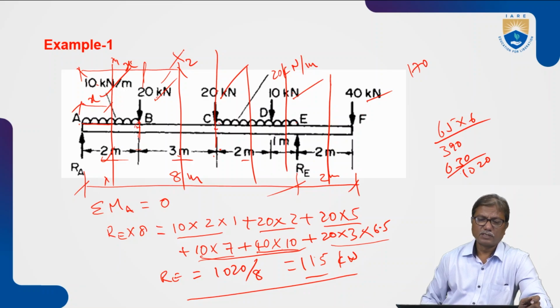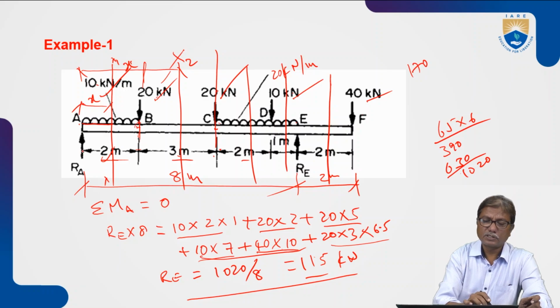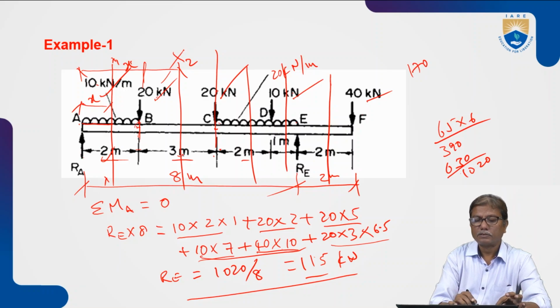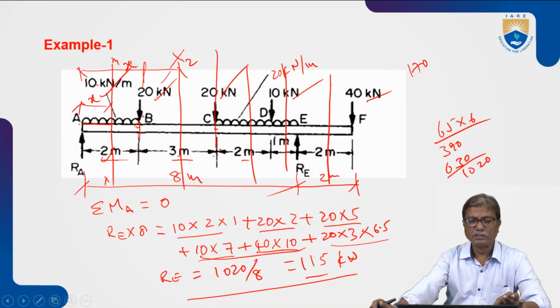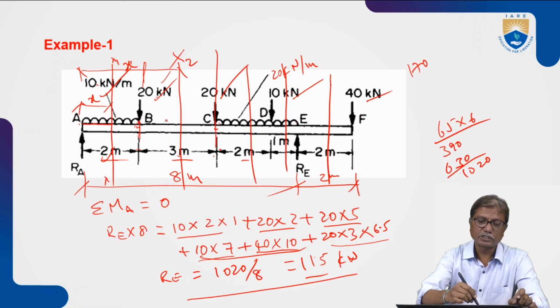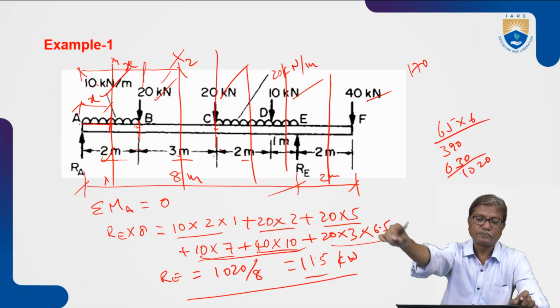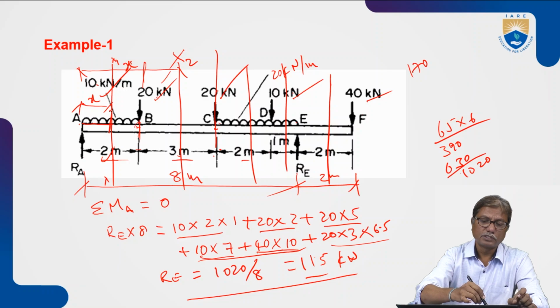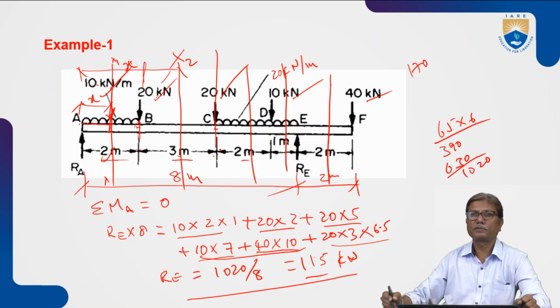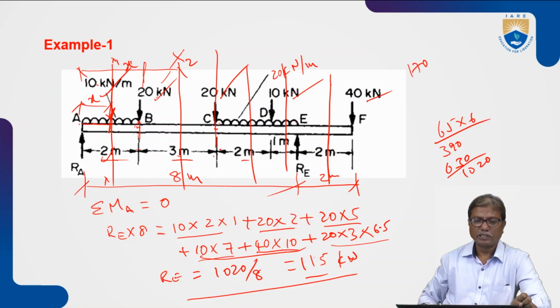Okay? And what is the equation for shear force now? RA minus 10 into 2, that is 20, into x minus 1. The distance of this resultant of UDL from section x2 is x minus 1.